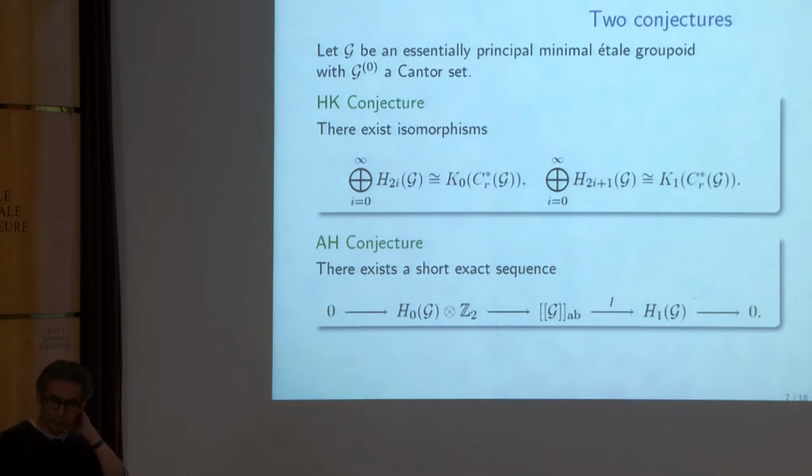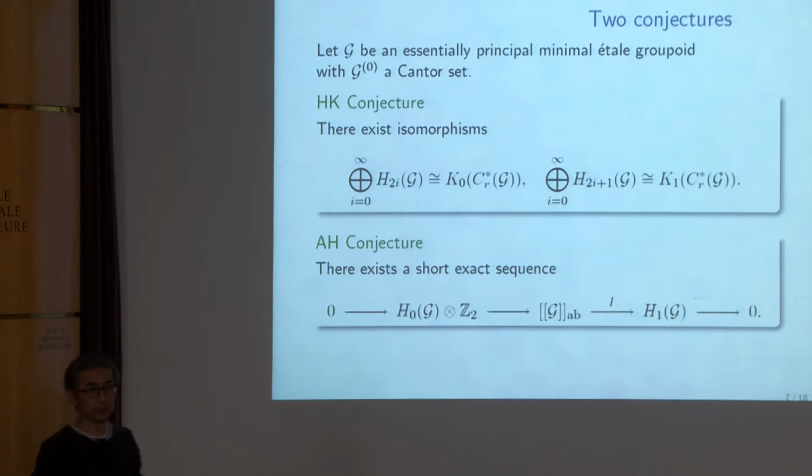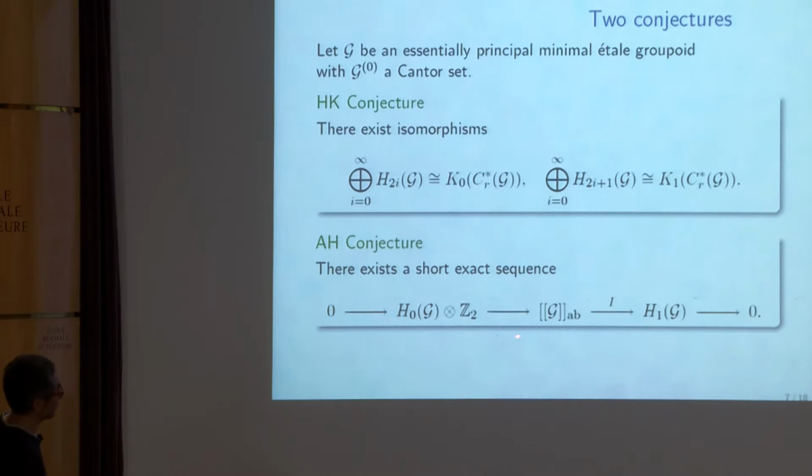And in the case of usual group homology, it's well known that H1 is isomorphic to the abelianization, right? In the case of discrete groups. But in this case, I get some kernel. And this conjecture says that the kernel is this, H0 tensor Z2.